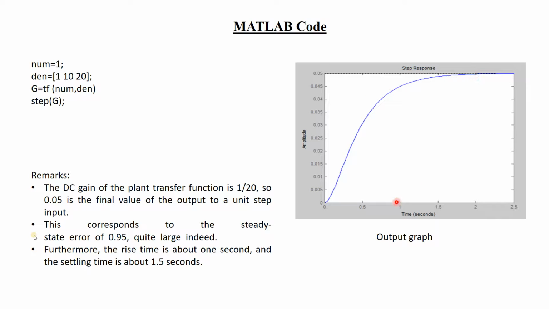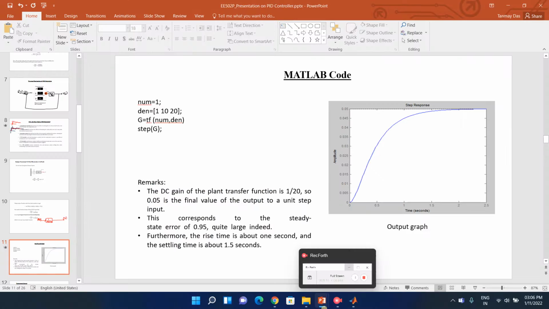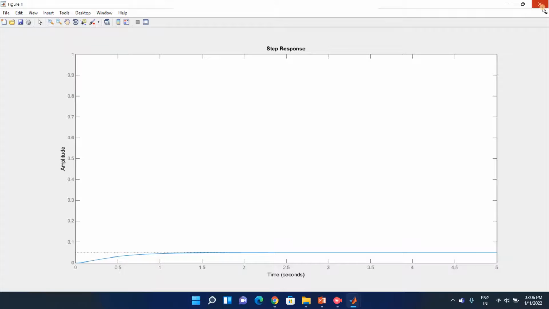Rise time is the time to reach 100%, meaning its maximum value. So rise time is around 1 second, that means up to here, not 90%, rather 90%, so up to here 1 second, and settling time is 1.5 seconds.